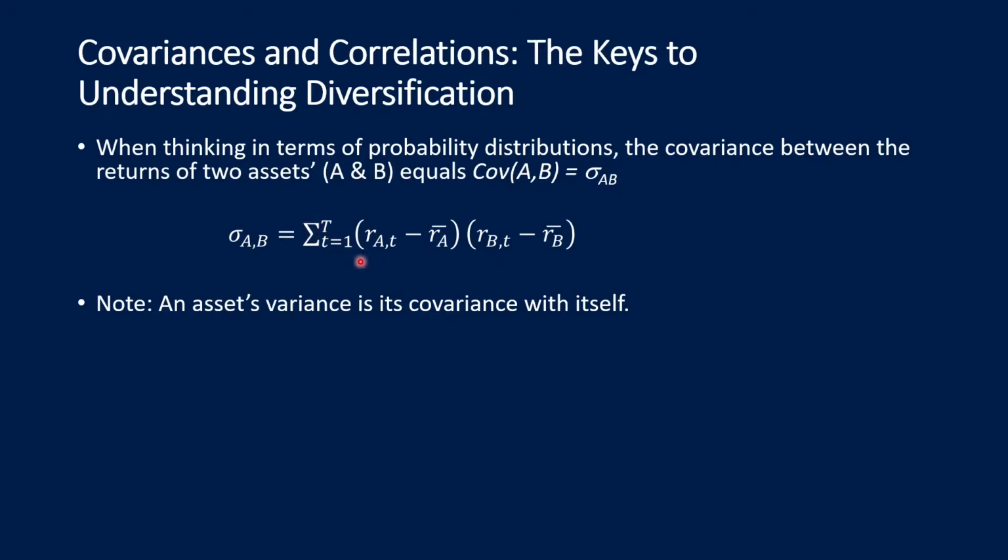We have the sum sign, and we have the daily return of A at day t minus the average daily return, times the return of B at day t minus the average daily return of B. Of course, if we calculate the covariance of A with A, this formula turns into the variance formula.